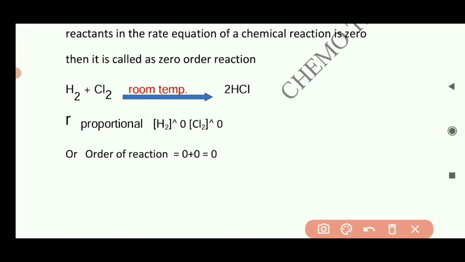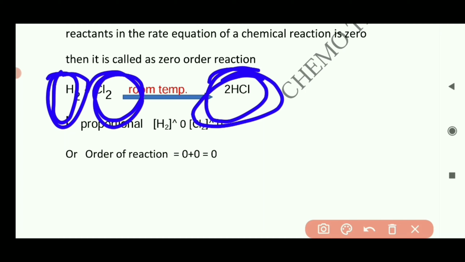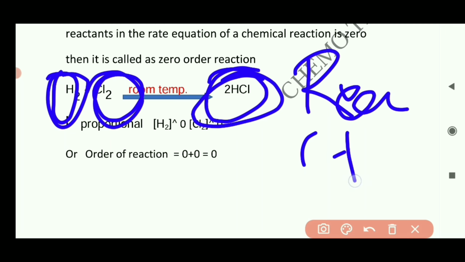So friends, let's see again, when H2 and Cl2 combine to form HCl as product over the surface of water under the constant pressure, it is a zero order reaction, because in this type of reaction the concentration of reactants does not change during the course of a reaction.